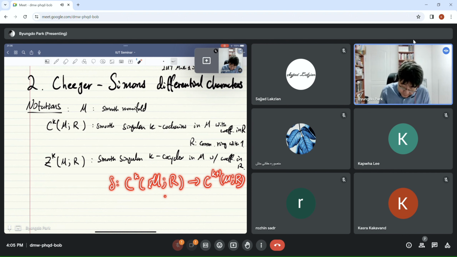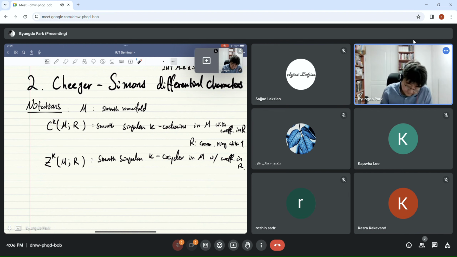If we have some chain C, then this boundary map gives you the image, and if this is 0, then we say this is a cocycle.